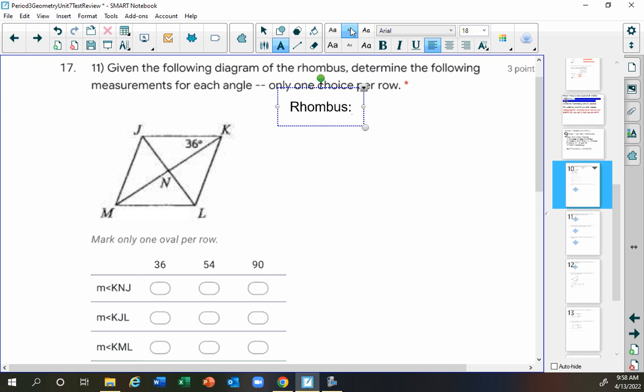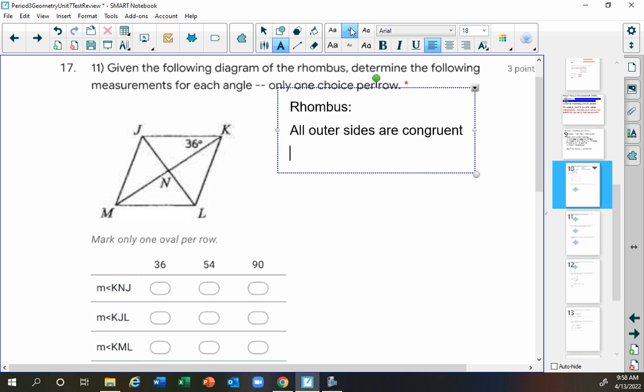Okay, what do we know? The rhombus, all outer sides are congruent. All the outer sides are congruent. Diagonals are perpendicular.